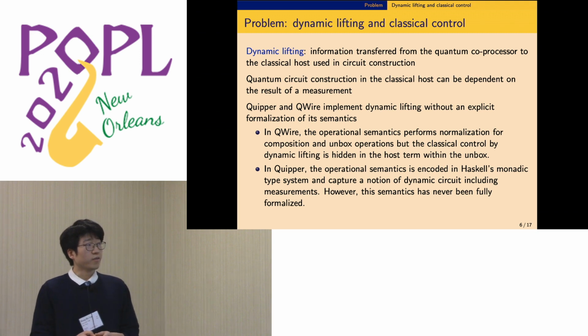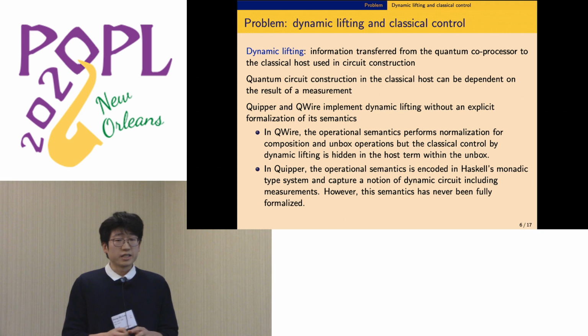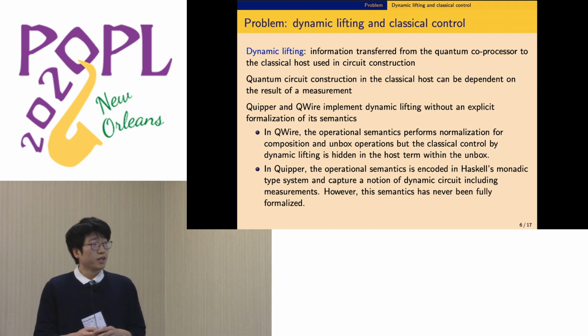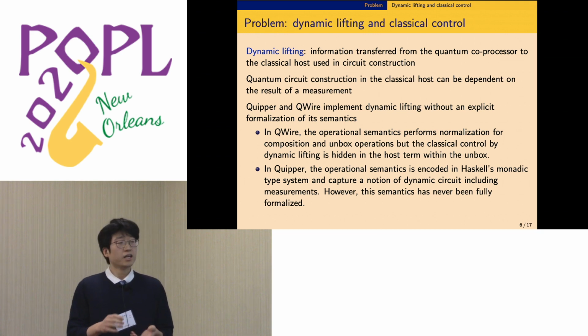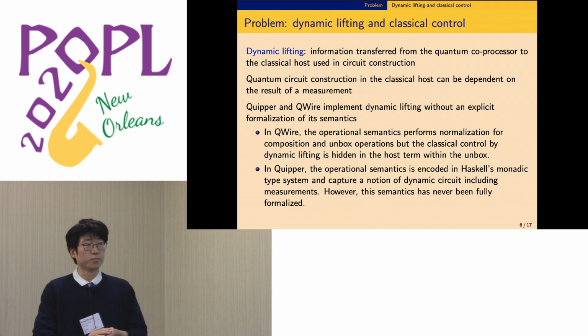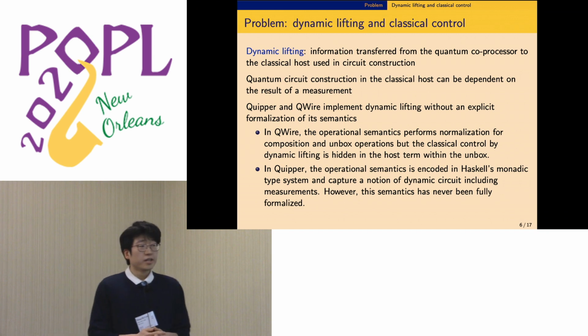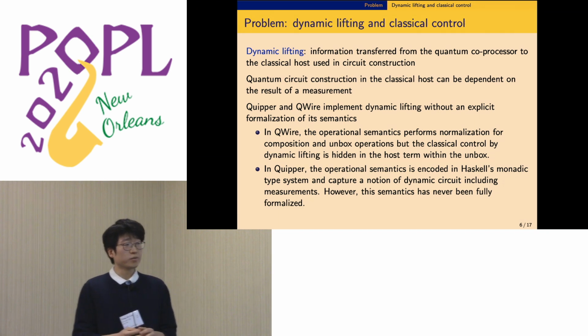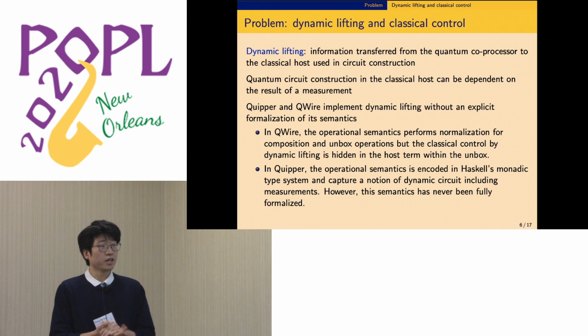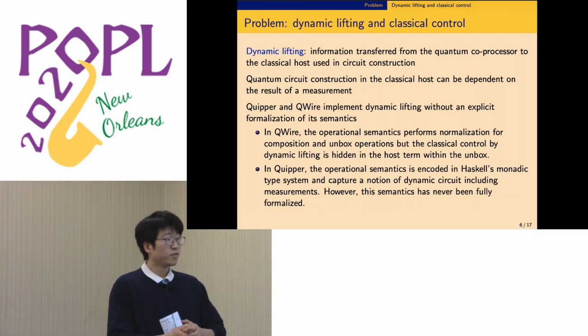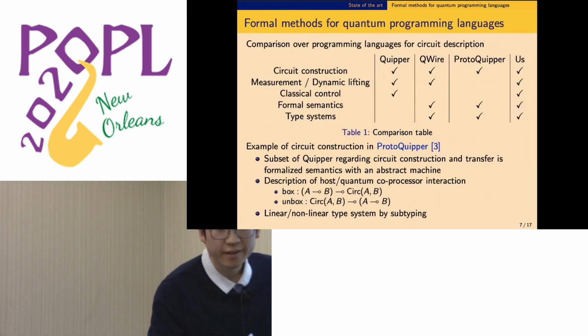For example, in Qwire, the operational semantics normalizes the circuit constructions, but the classical control generated by the dynamic lifting is kind of hidden in the host term, in the box terms. And in Quipper, the operational semantics captures the notion of dynamic lifting, and it's embedded into a monadic type system in Haskell, but the semantics has not been fully formalized yet.